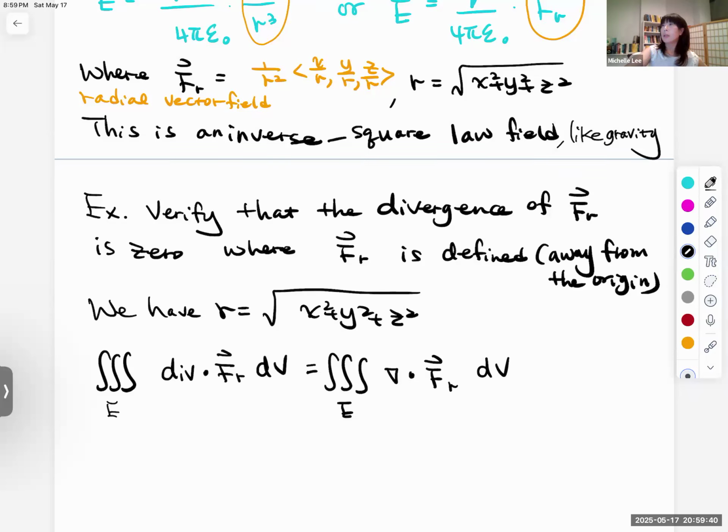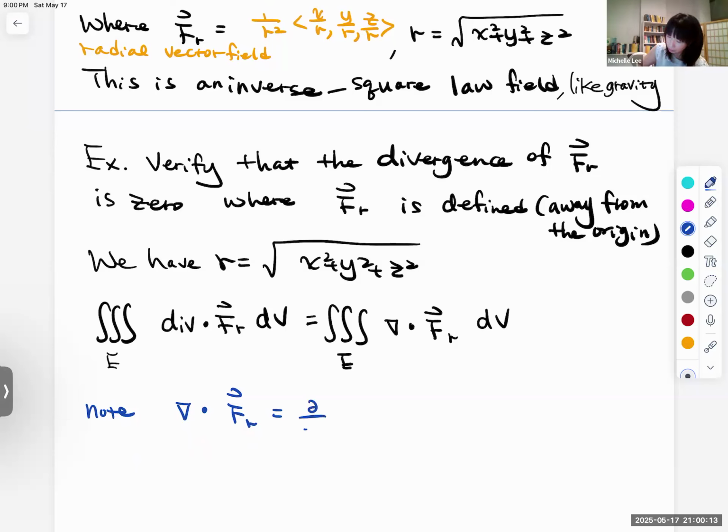Now let's see. We know that this means we want to take the partial derivative with respect to x, and add the partial derivative with respect to y and the partial derivative with respect to z. We add them, right? Okay, so let's find out. Del dot this.